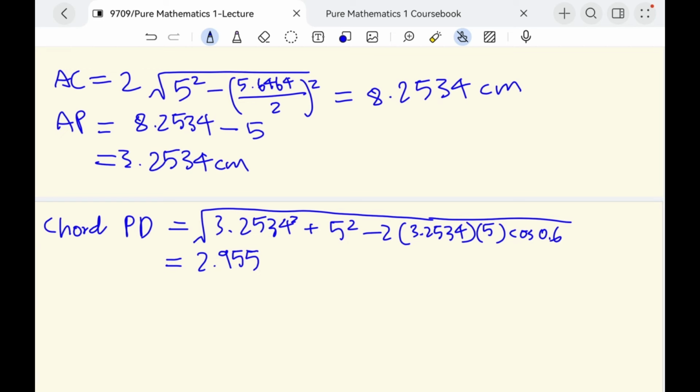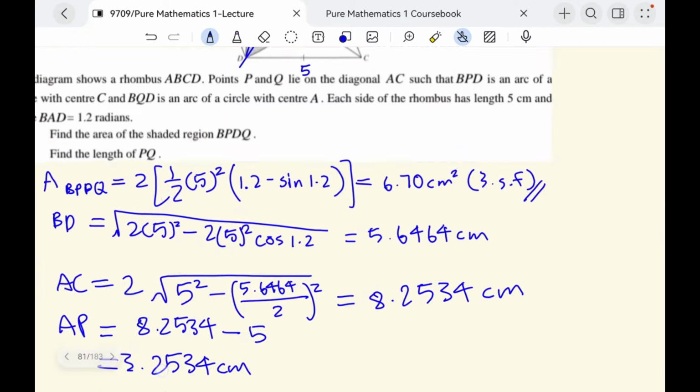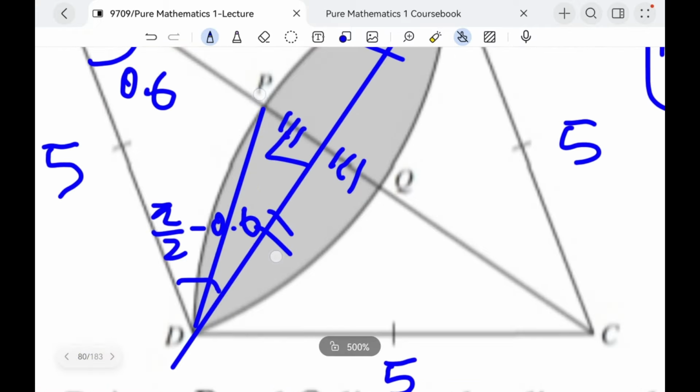Yeah, 2.9552 is the accurate one. Okay? cm. And finally, to find the length of this, which is the half of your answer.